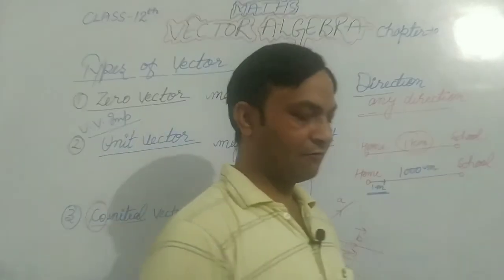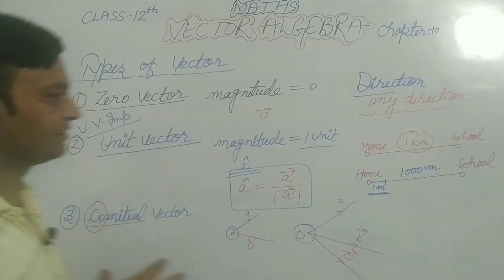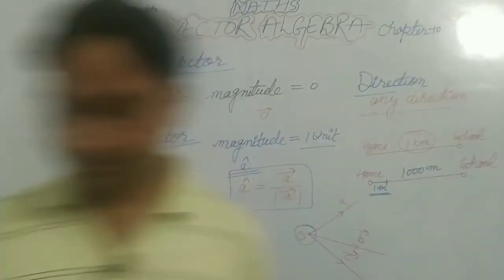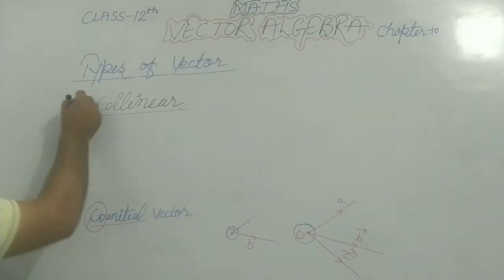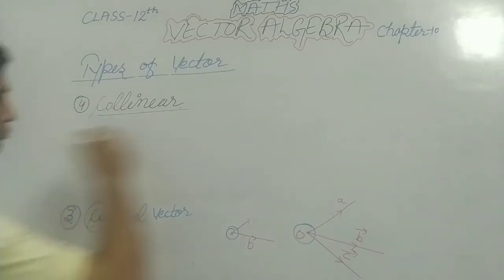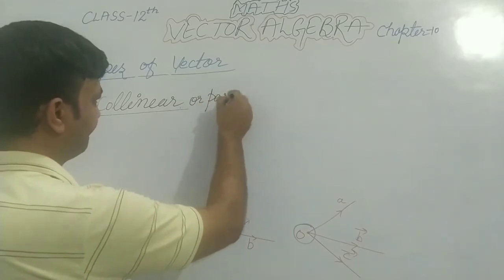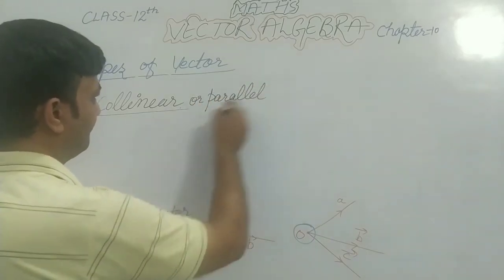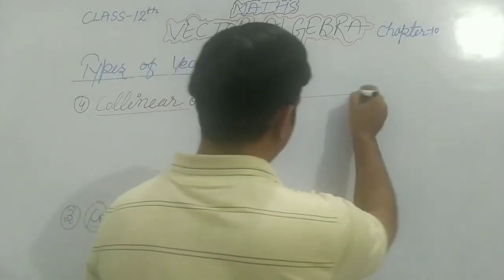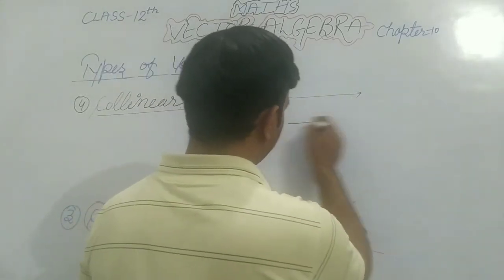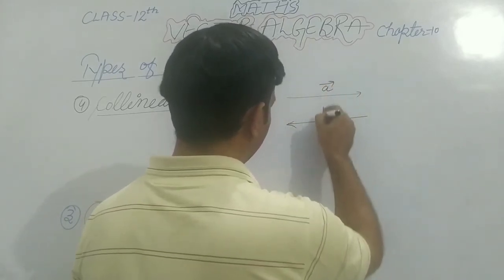Now next we will discuss collinear. So what is collinear? Collinear, we can say parallel vectors. We can take one vector and another vector. A vector is parallel to B vector.